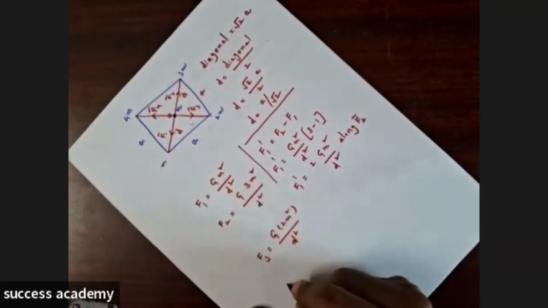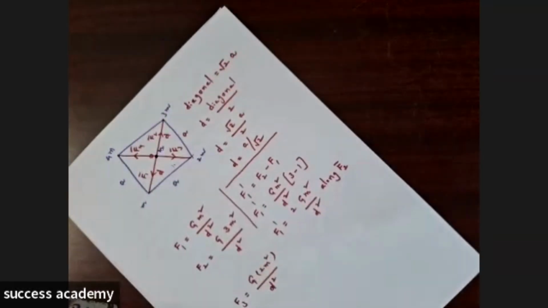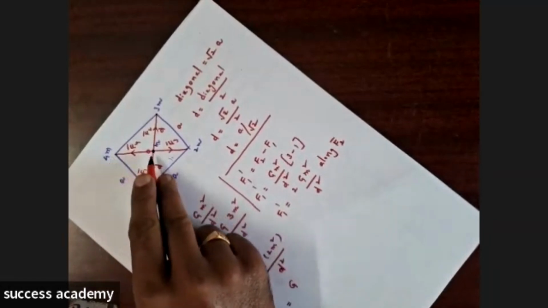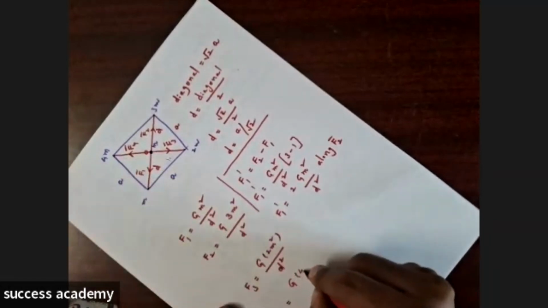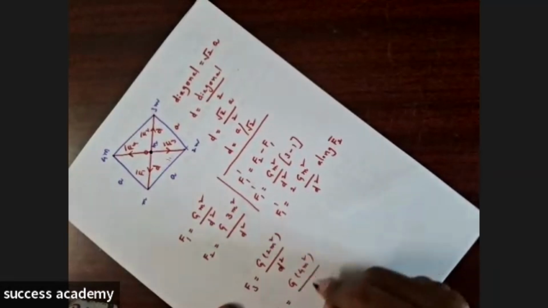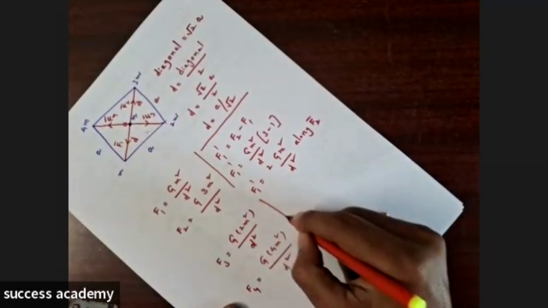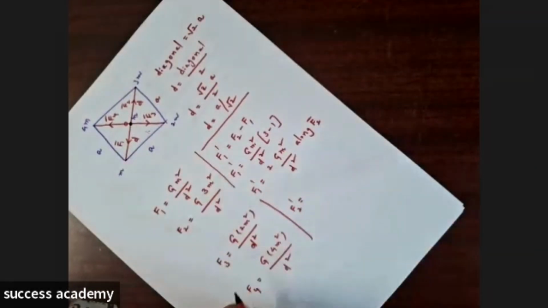Then F4 is equal to G, 4m and m, 4m square by d square. Then the resultant, here I'm taking F2 dash, is the resultant of F3 and F4.